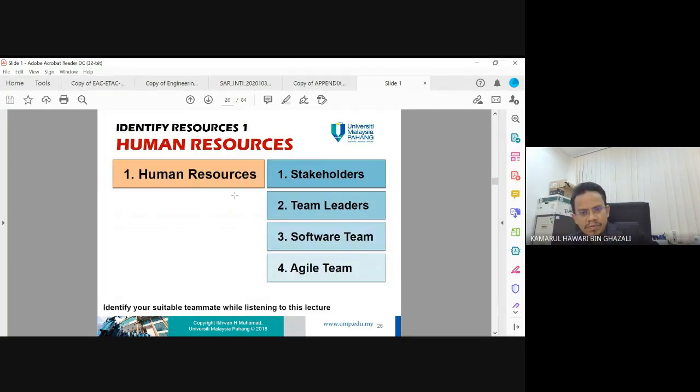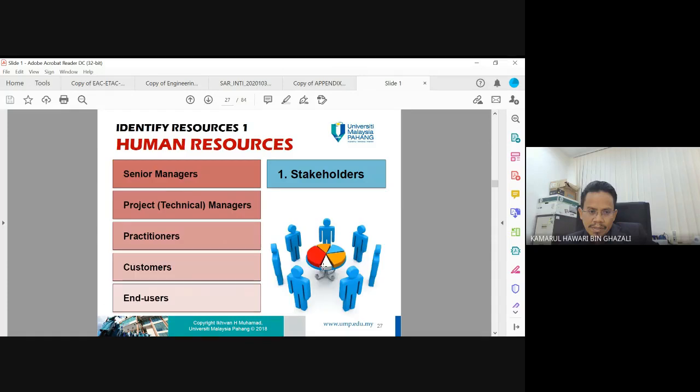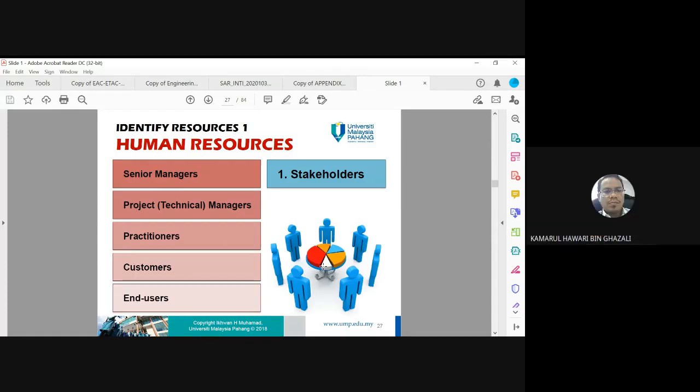Human resources involve the stakeholders, team leaders, software team, and agile team. The stakeholders are senior managers, project technical managers, practitioners, customers, and users.